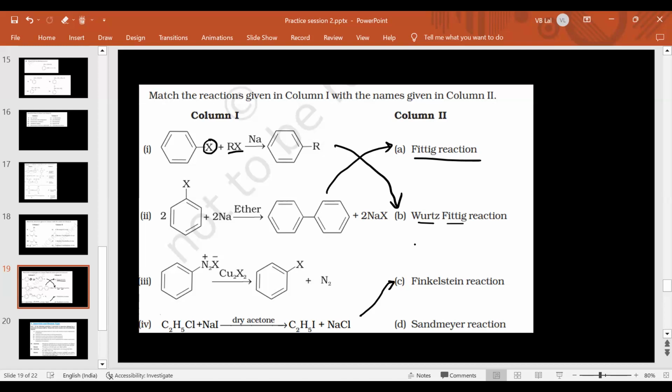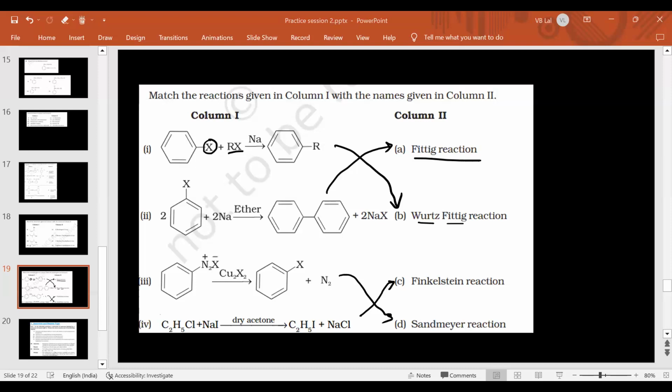And the last one, obviously, has to be Sandmeyer's reaction. This is benzene diazonium chloride, the salt which you obtain from aniline. When it reacts with cuprous chloride, you get Sandmeyer's reaction.